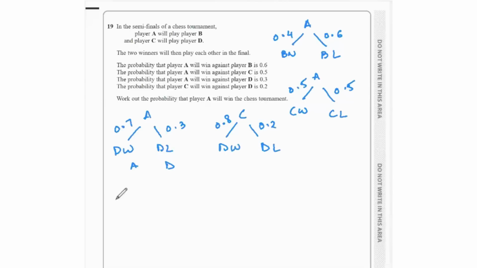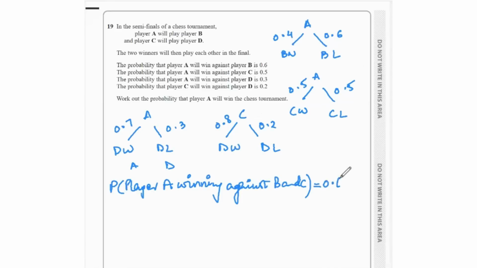Okay, so first we talk about probability of player A winning against B and C. So against B, if player A wins, that's 0.6 times winning against C, that's going to be 0.5.